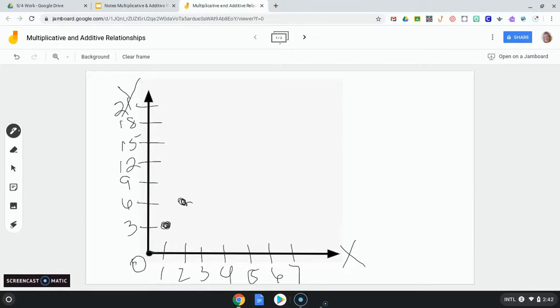So I'm going to go over to 4 and then up to 12. And then my last one was 7, 21. So I'm going to go over to the right 7 and up to 21. And then as good as I can, I'm going to draw a line. Okay. And the equation for that line is y equals 3 times x. Okay.